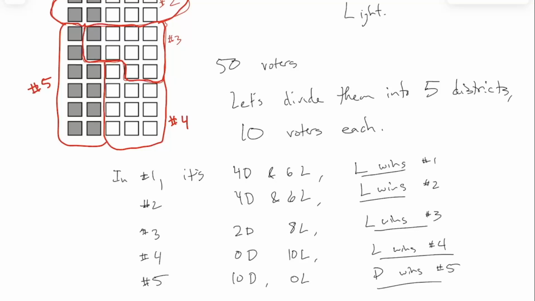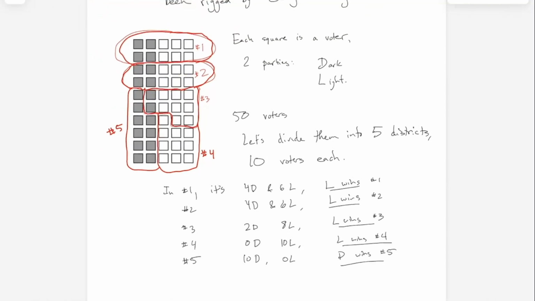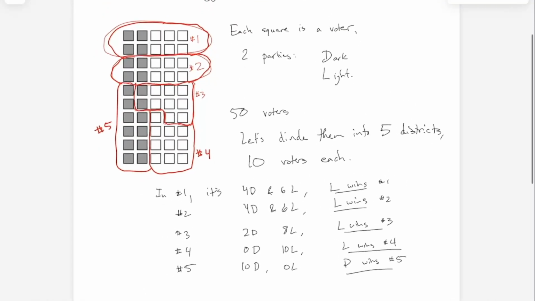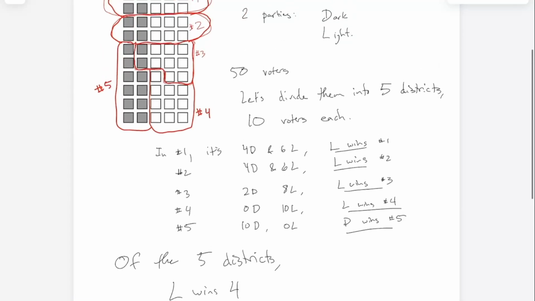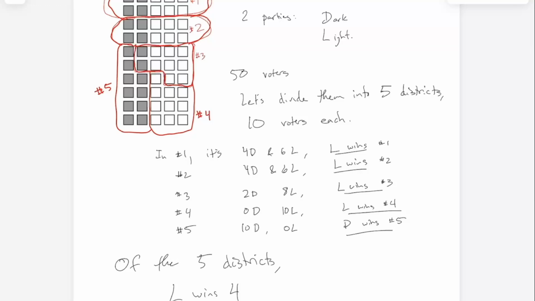All right, these are the results for these particular districts, okay? So can we say overall, in terms of out of these 5, what's the total kind of victory here? So of the 5 districts, according to my division there, L wins 4 of them, and the dark wins only 1.